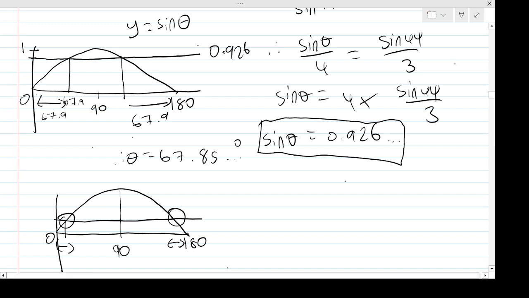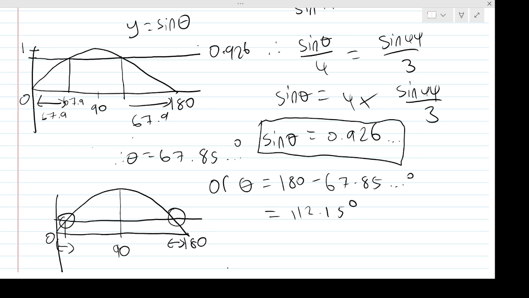So if I do 180, then at this end go back to the left by 67.9, I get to this other angle, and so the other possible value of theta is going to be 180 take away this 67.85, which, if I put that in the calculator, gives 112.15 degrees.